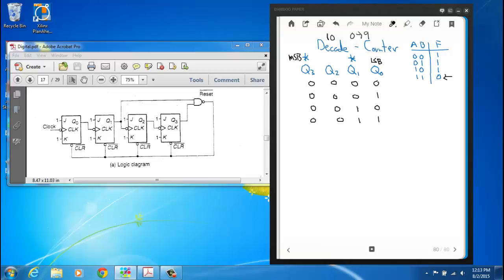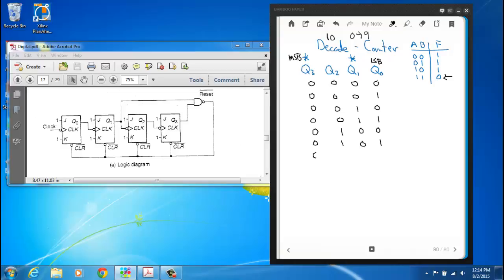The outputs of the counter are going to keep incrementing by 1 in binary as long as Q3 and Q1 are not equal to 1 at the same time. So we have a binary 0, 1, 2, 3. When we have a binary 4, Q3 and Q1 are still not both equal to 1 at the same time, so the counter continues to count. We'll get a binary 5.